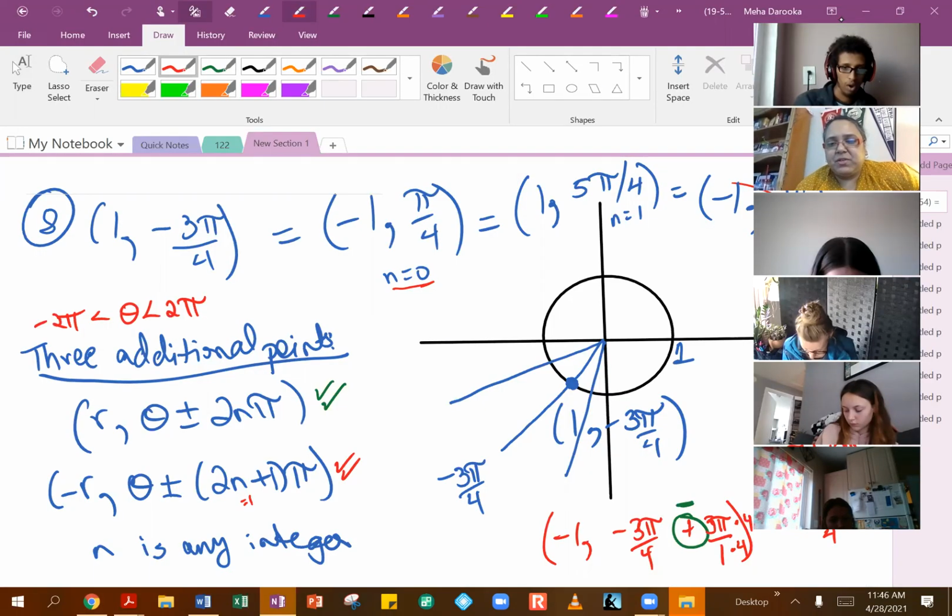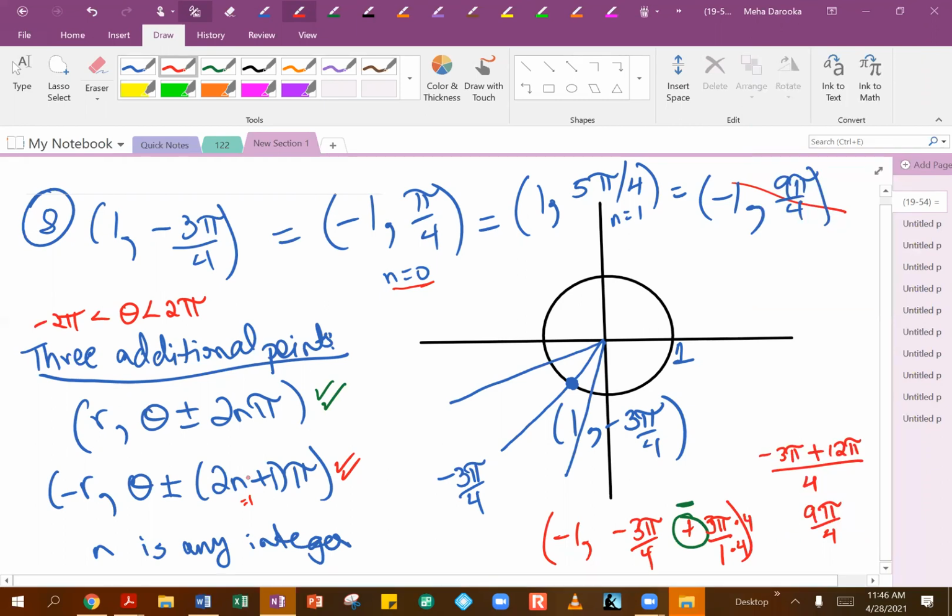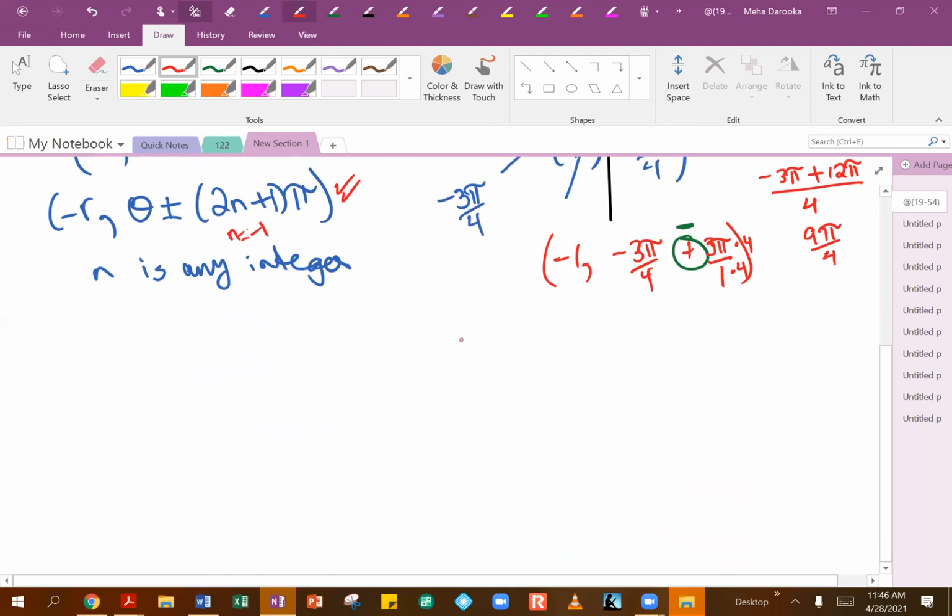So what do you think we should change here? How about if instead of using n equals +1, maybe try using n equals -1 and see what happens? There we go.